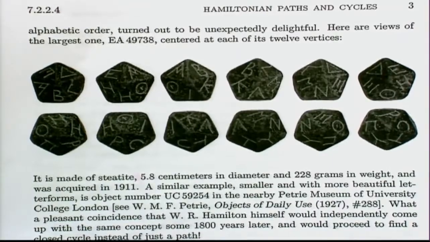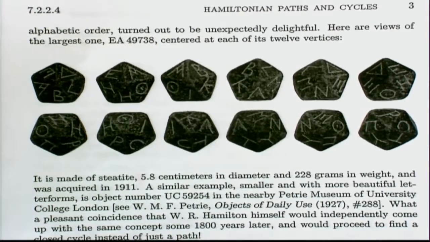I just think it's a really cool coincidence that icosahedra did exist way before Hamilton came up with the notion that it would be fun to consider going along all the triangles of an icosahedron.